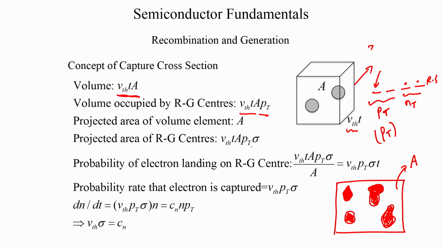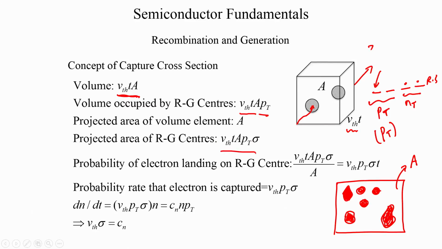We will define this cross section area as the area within which, if an electron were to enter, the electron would be captured. We will define it as sigma. This is the number of RG centers, and if these RG centers are seen independently, that is, there is no intersection between them, the projected area of all the RG centers is essentially this.